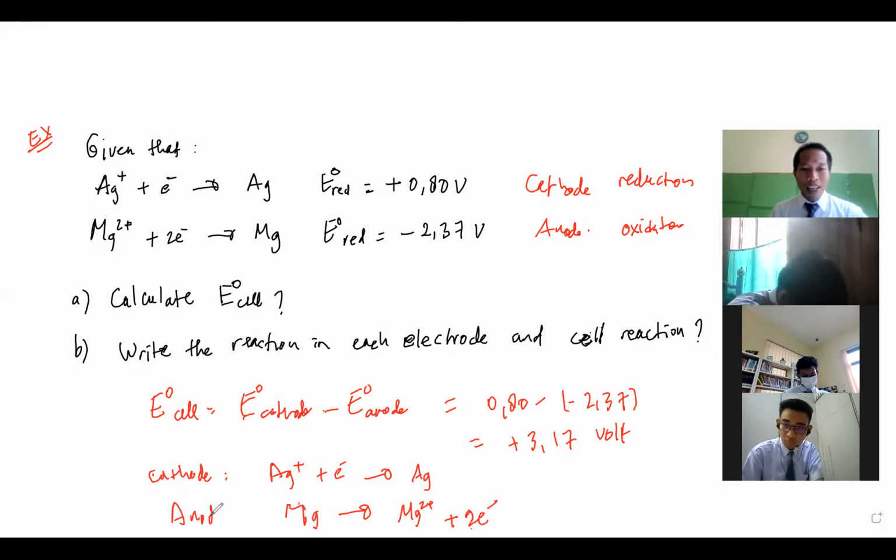Nah, reaksi totalnya bagaimana? Reaksi totalnya harus disamakan elektron. You have to make the electrons equal. Ini kali 2 berarti, supaya jadi sama. 2Ag plus plus 2 elektron become 2Ag. Yang ini tetap, Mg become Mg2 plus plus 2 elektron.